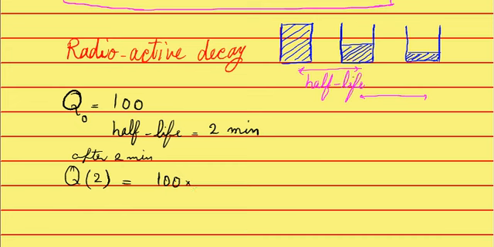Just to make sure that I'm not confusing you, let me change something. Suppose this is 3 minutes, so that my numbers do not collide with each other. So I changed my mind, made it 3 minutes. If I wait 3 minutes, how much of it is still there? Half of it is still there.